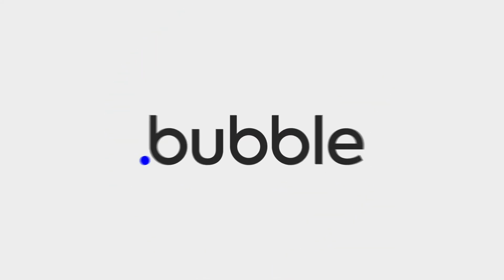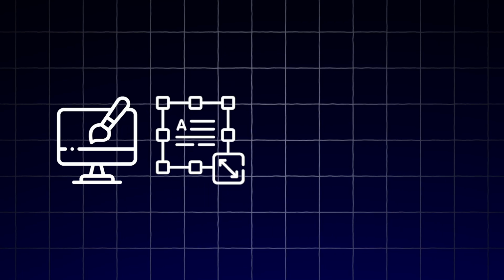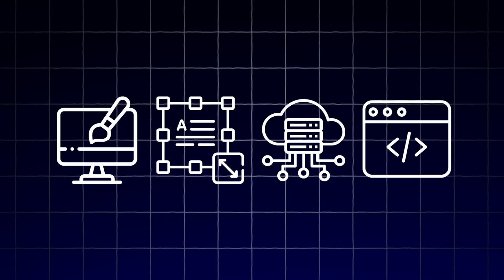But the pioneer of this trend is Bubble.io, which by now I can say is still the best no-code development platform. So keeping that in mind, we can say that Bubble.io is a no-code development framework that allows you to design, develop, host, and scale applications without writing a single line of code.